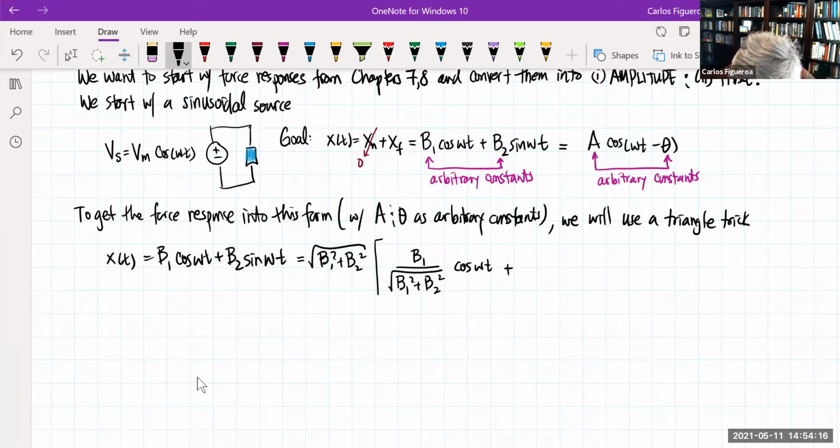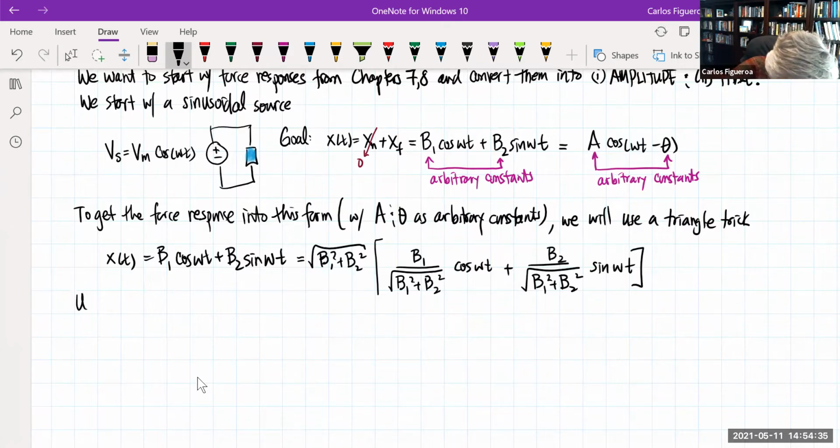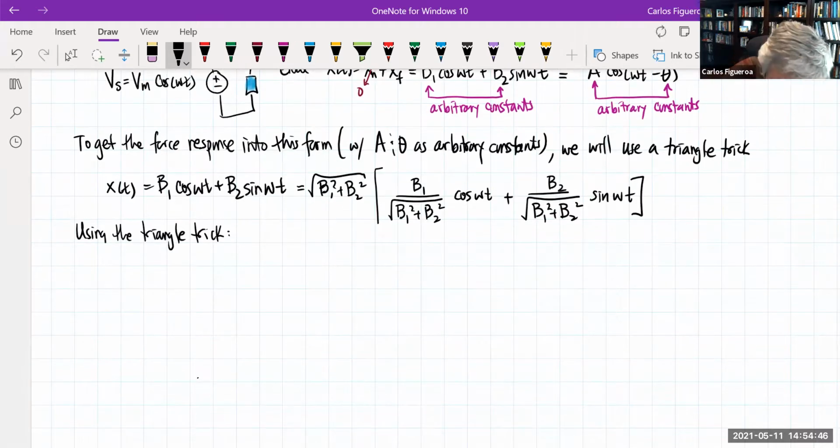And then, of course, I get the exact same thing here, except I now have B2 instead. And this form begs that we're talking about some triangle. So now, using the triangle trick, you could see that these terms look like triangular terms.